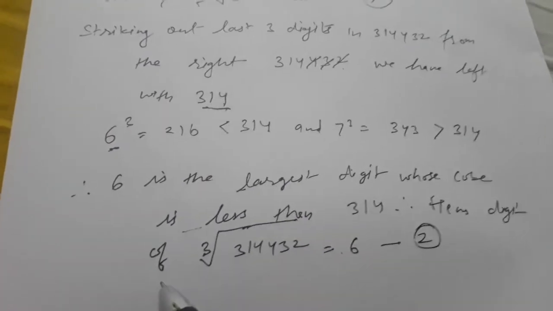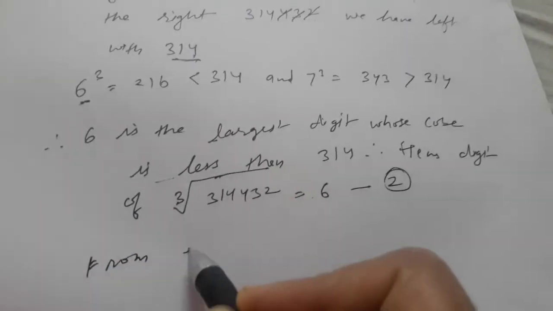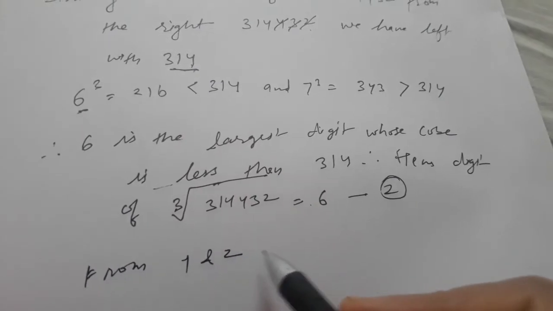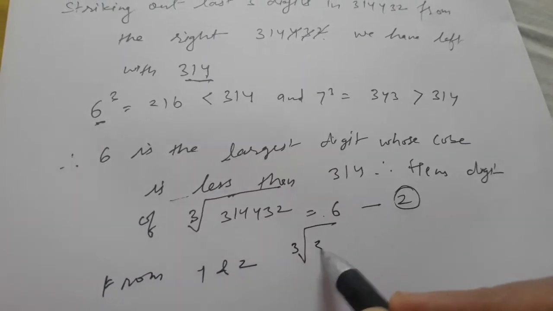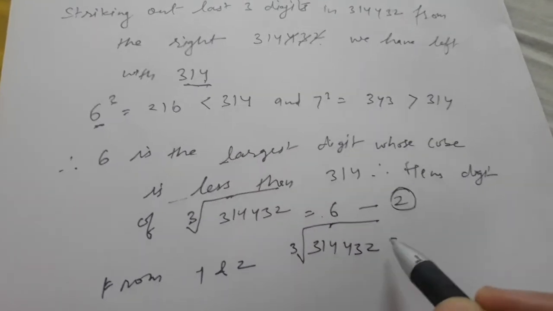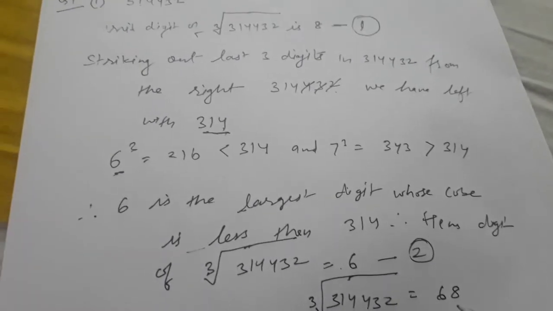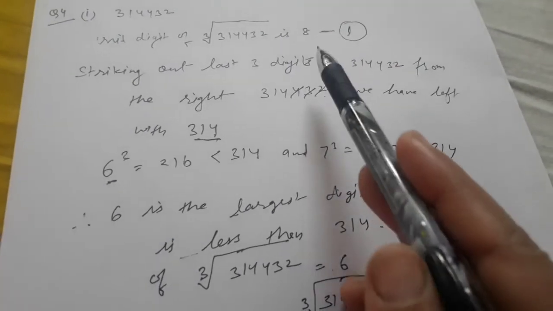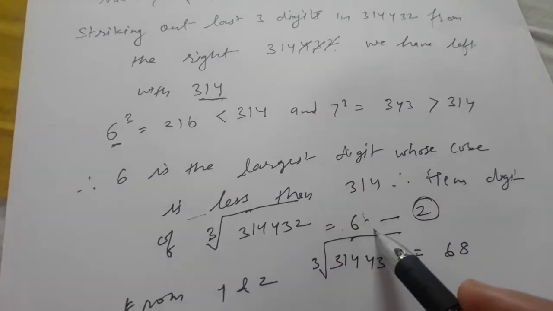So in our next step we will write, from 1 and 2, the cube root of 3,14,432 would be 68. Why? Because the unit digit is 8, which we solved here, and the tens digit is 6, which we solved here.